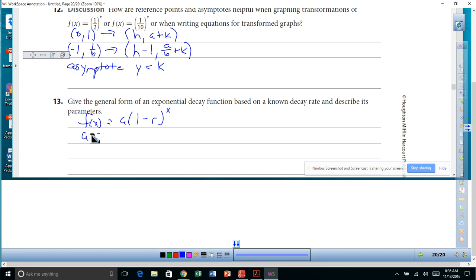So a, what does a do? A is the starting value. Then r is the decay rate, and x is the time, the unit of time.